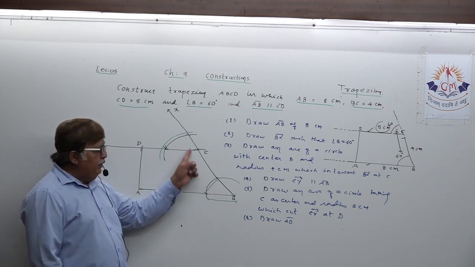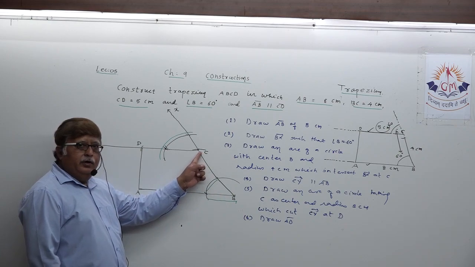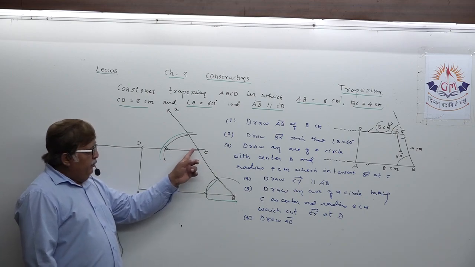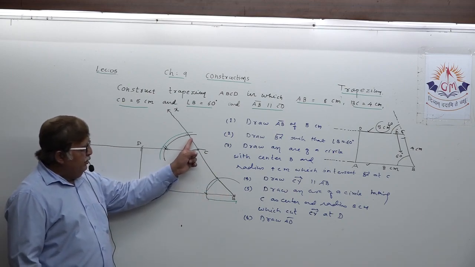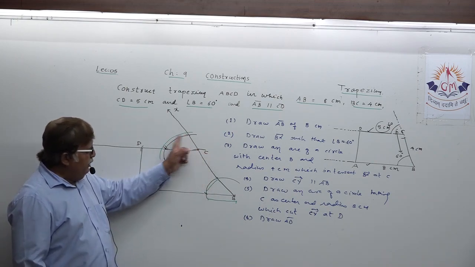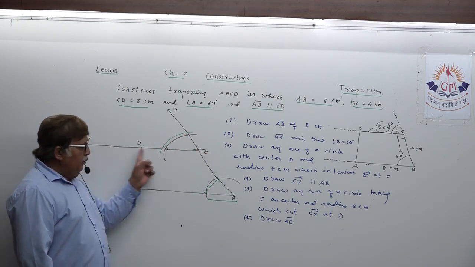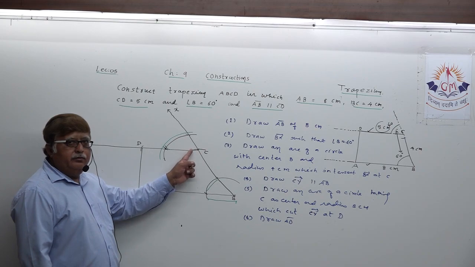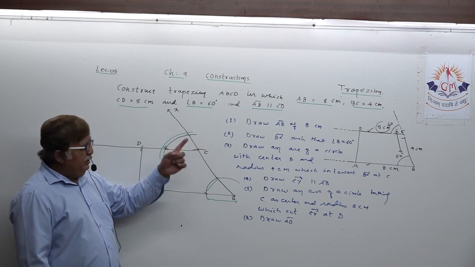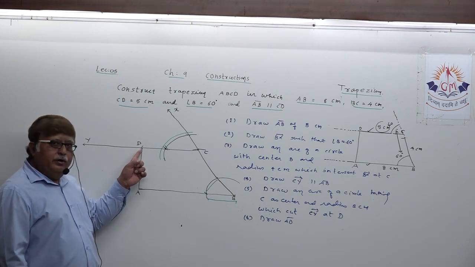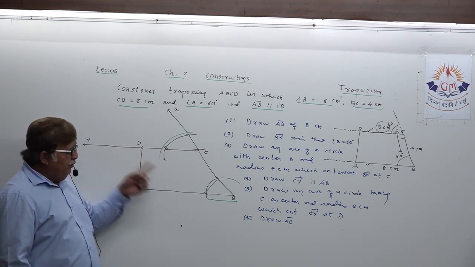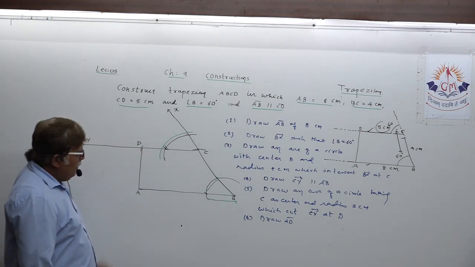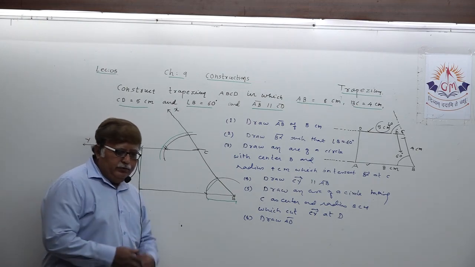Taking B as center and radius of 4 centimeter, you draw an arc of a circle to intersect the ray at point C. Then, keeping the same radius, draw another arc and draw ray CY, which will be parallel to AB. Draw an arc of a circle taking C as center and radius 5 centimeter which intersects ray CY at point D, and then join AD. This way you can realize the construction of trapezium.